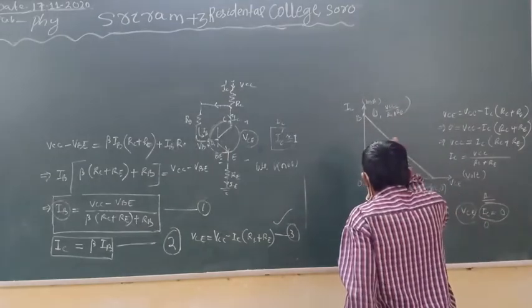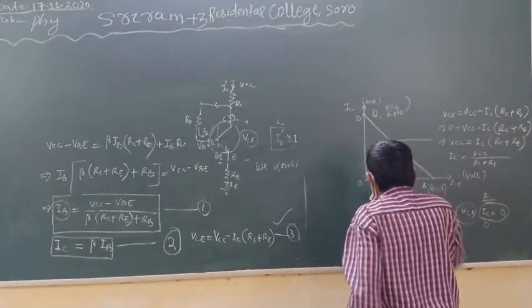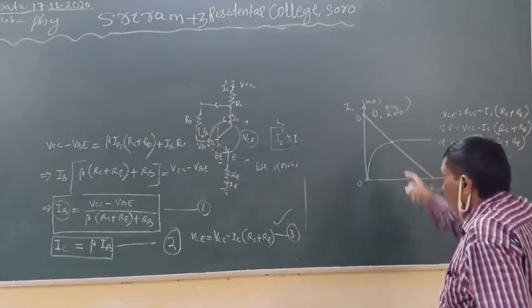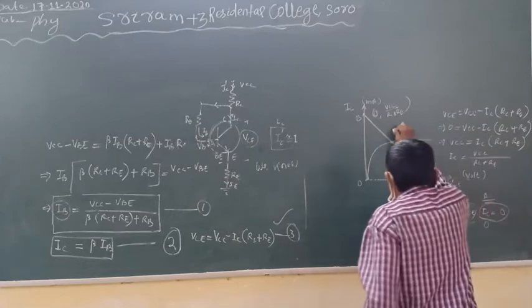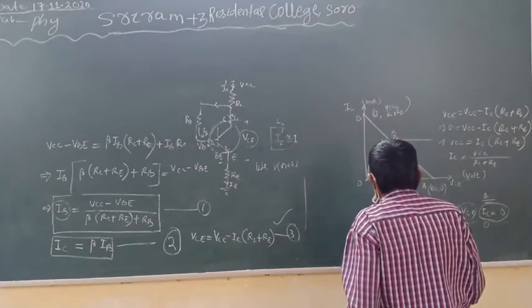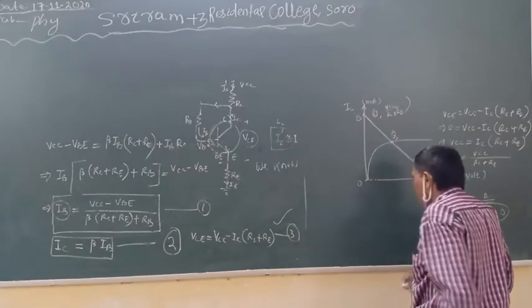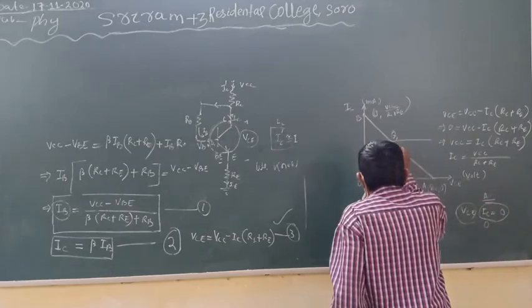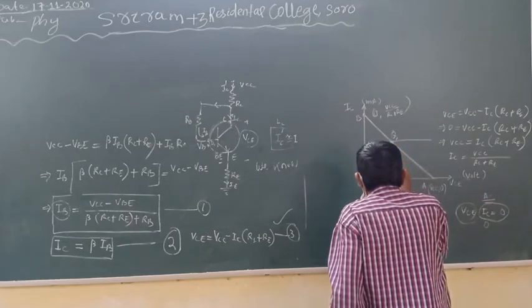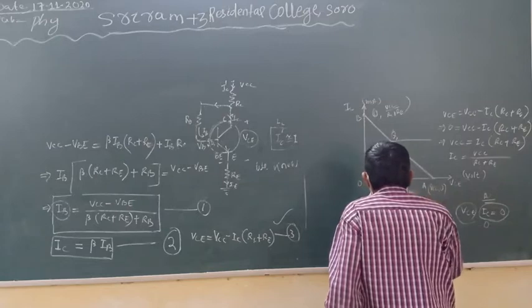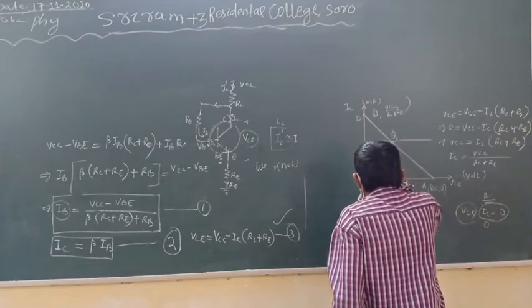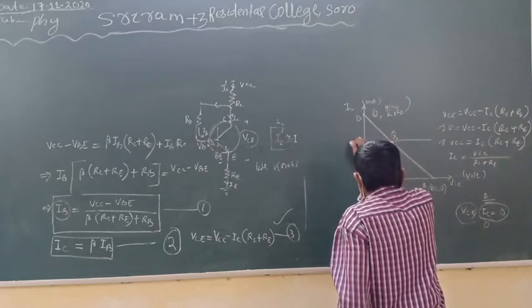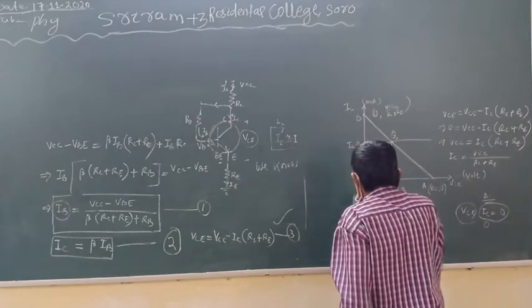This curve intersects the DC load line at a point known as Q, the operating point, with coordinates VCEQ and ICQ.